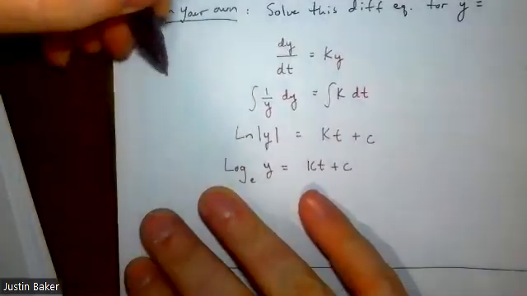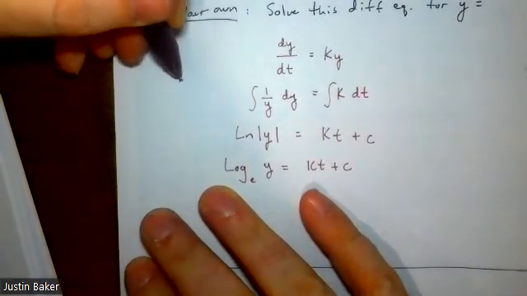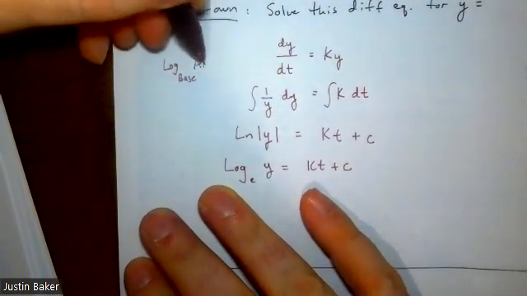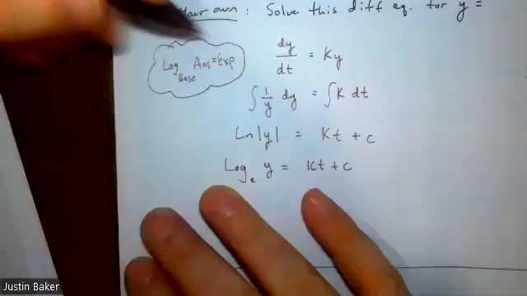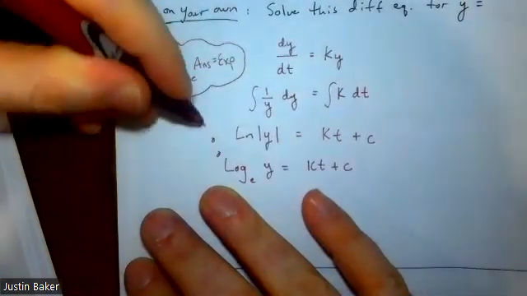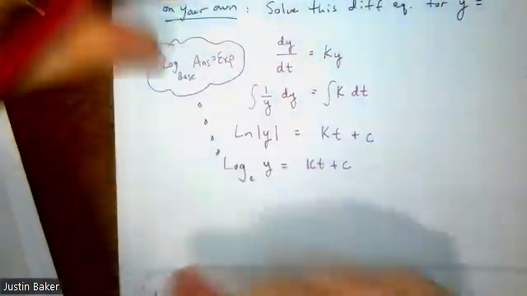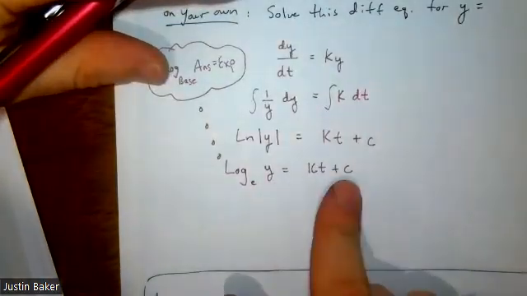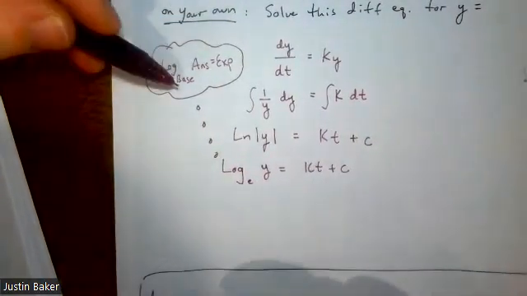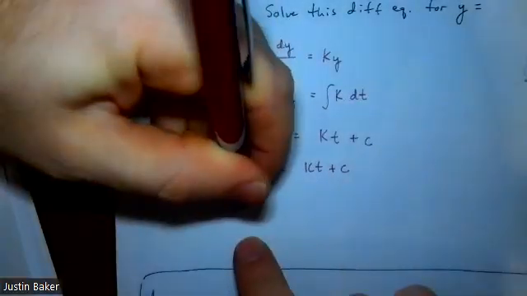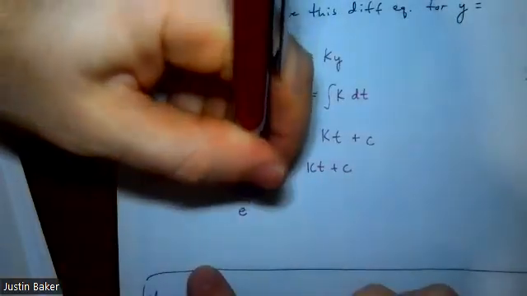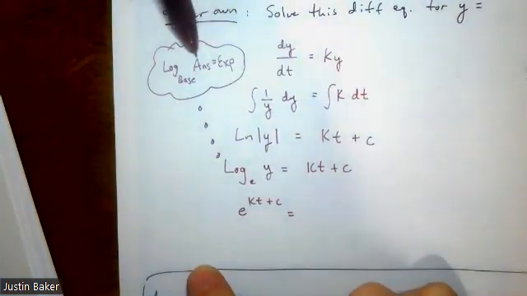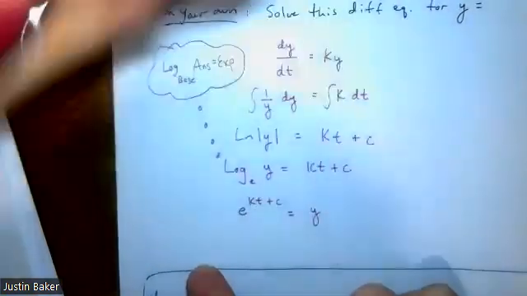We should know the phrase log base answer equals exponent. So this right here should be our thought bubble. Log base answer equals exponent. So the base of this is base e. The exponent of this is kt plus c. And then what's left, the answer, is y.